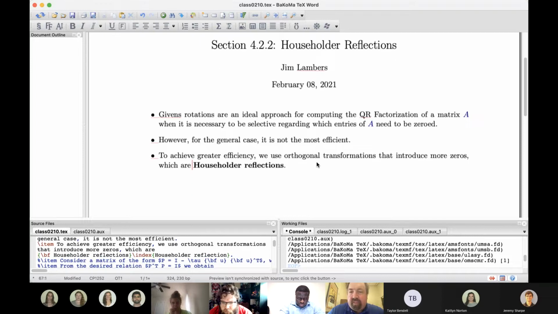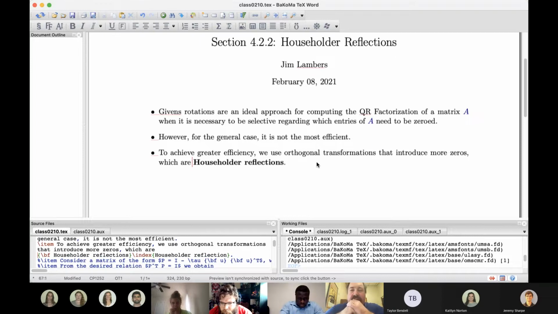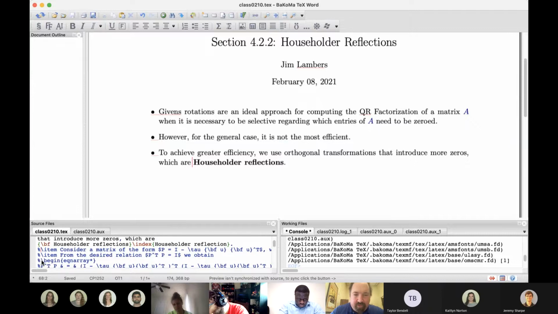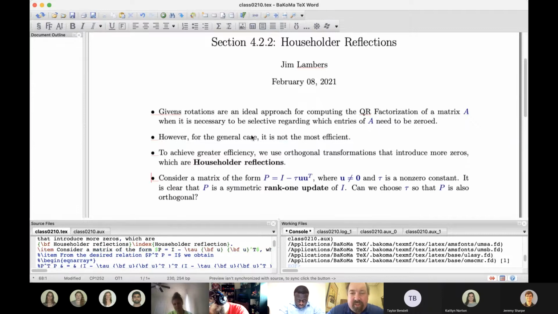So Householder reflections, you could say that they're a lot more destructive than Givens rotations, because whereas Givens rotations will only zero one element at a time, Householder reflections can wipe out most of a column all in one shot. So use caution.